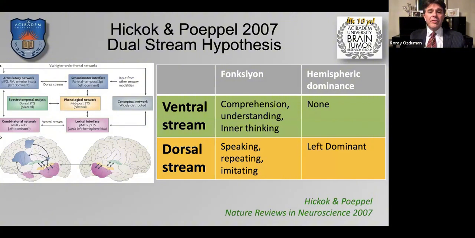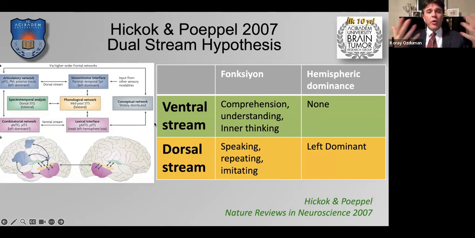This is called the dorsal stream. And this dorsal stream brings the information about how to speak, how to repeat. So with this theory, the Broca's area, the Wernicke's area, or the terms that we know as Wernicke's aphasia or Broca's aphasia, these became history.